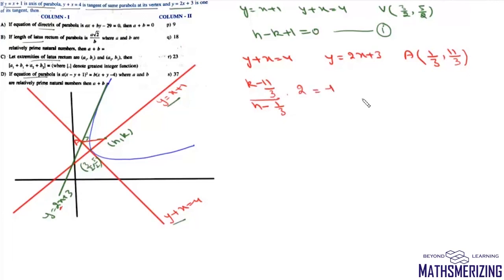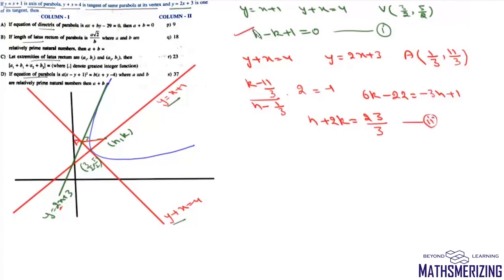So we'll get 6k minus 22 equals minus 3h plus 1, so we get this equation as h plus 2k equals 23 by 3.